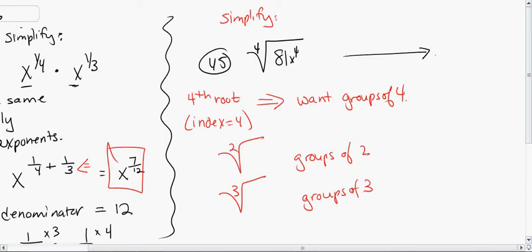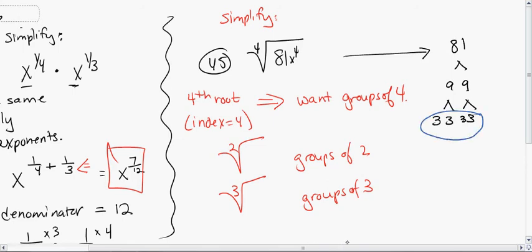So I'll bring this over here. So 81, if I split that up into something times something, well, I know it's 9 times 9. Well, that's two things, but I need groups of 4. I could split up the 9s, however, into 3 times 3. And there we go. There's one group of 4 right there.